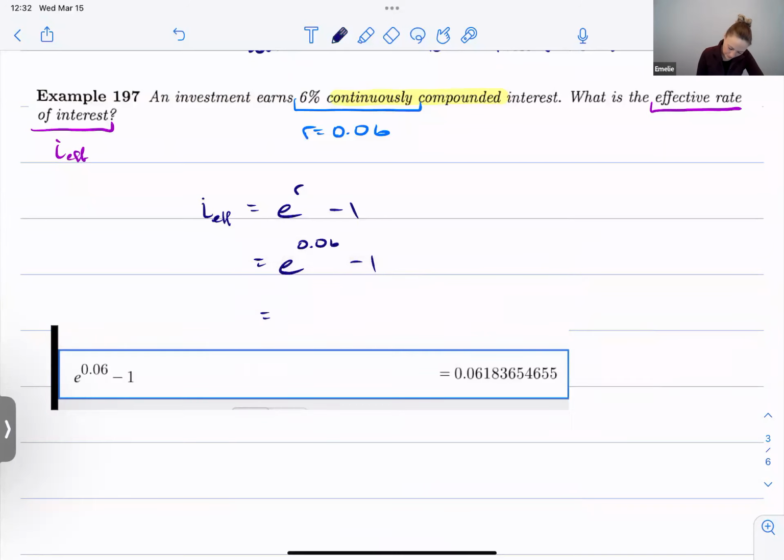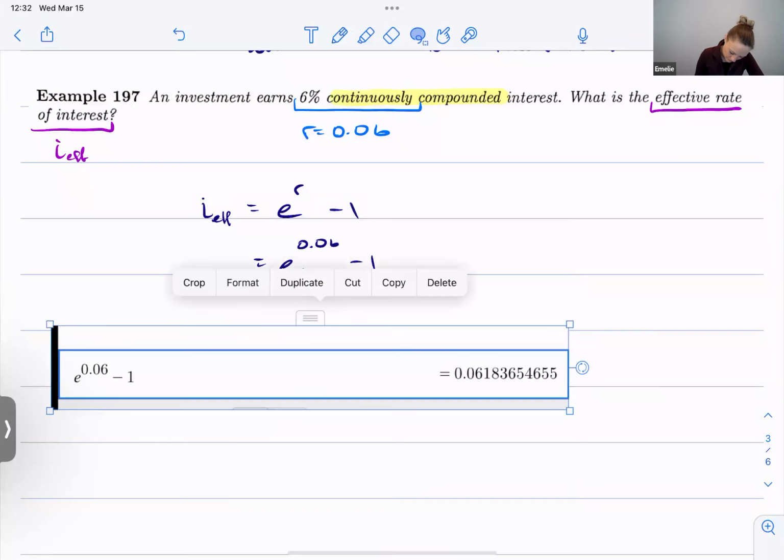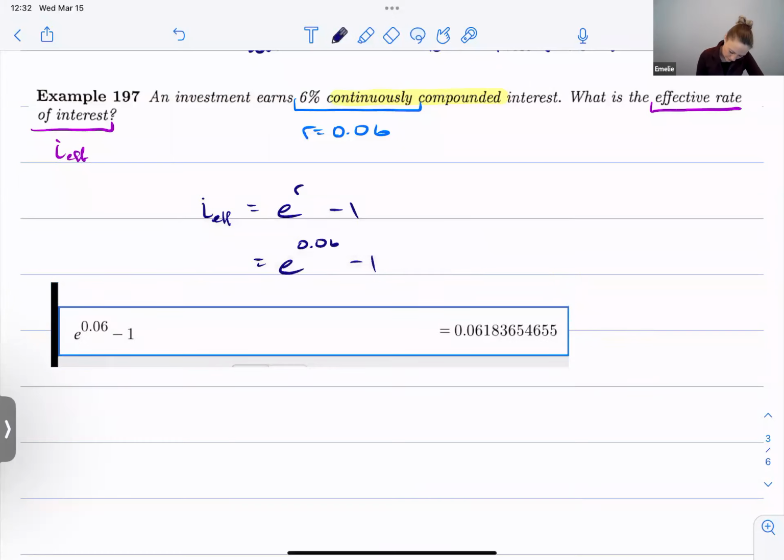Okay. So we get the effective interest rate is roughly 0.0618.